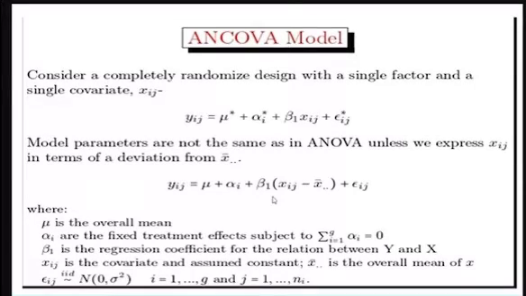Then beta 1 is the regression coefficient, which enables us to understand the relationship between the response and the covariate. Then you have the error eij, which must follow a normal distribution with mean 0 and constant variance sigma squared.